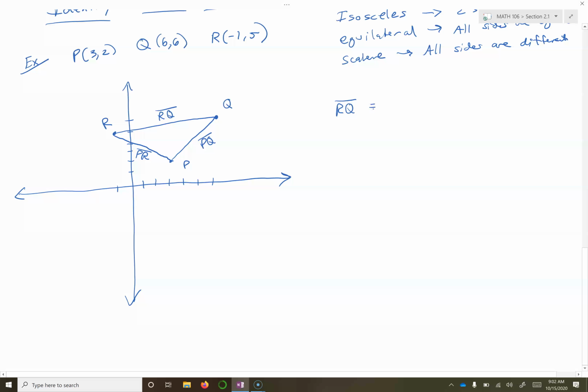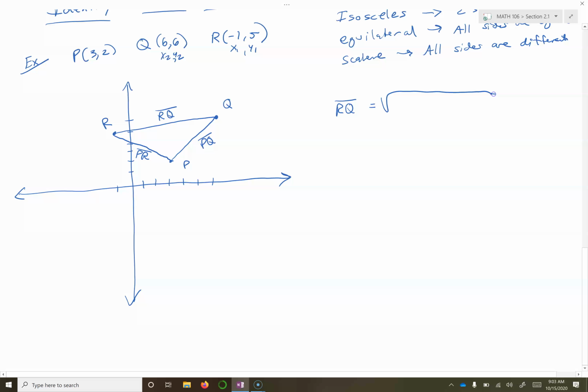Now what might be really useful is to label x1s, y1s by your points up here. So R, let's call that x1, y1, and then Q is going to be x2, y2. I just arbitrarily picked those.